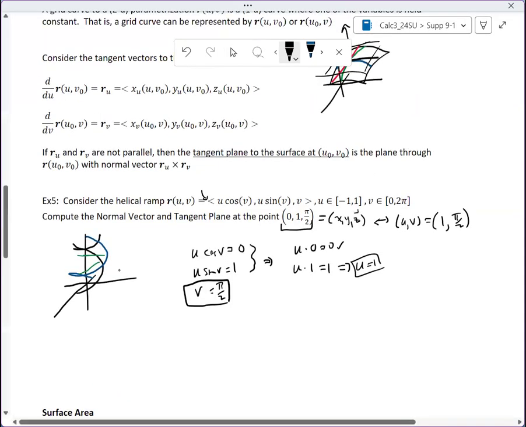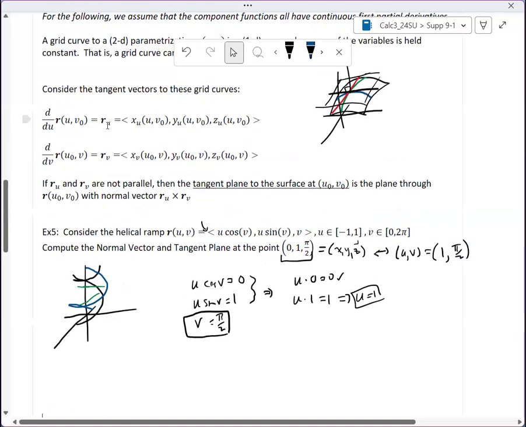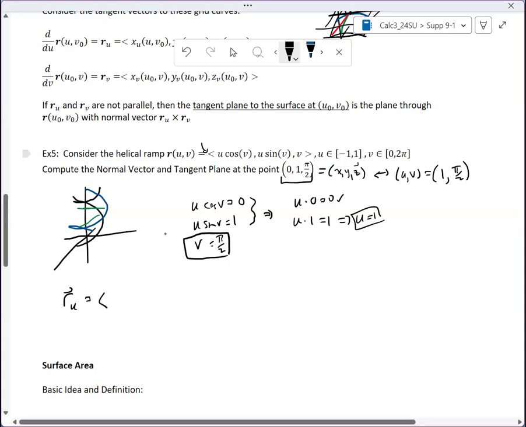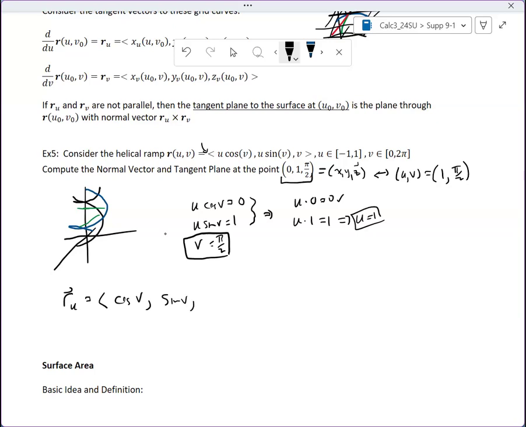Okay, so I would like to compute the normal vector in the tangent plane. So I need to find my partials, take their cross product, and go from there. So dr du is, well, that's just cos v, and then sine v, and then 0 in the third component.